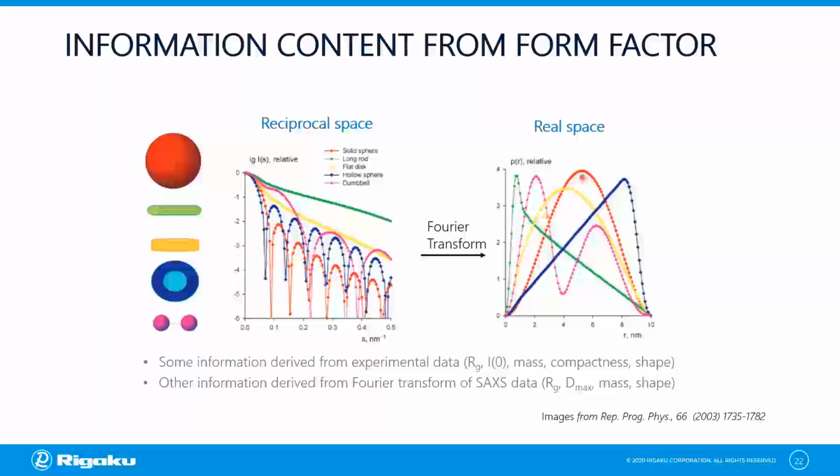The sphere looks something Gaussian, but basically the point that I want to make here is that we can definitely start to make some assumptions about the shape of the molecule. And we can extract some structural parameters such as the radius of gyration, some compactness, the maximum length scale, and shape just from doing this analysis. But again, it requires that you have that monodispersed ideal sample.